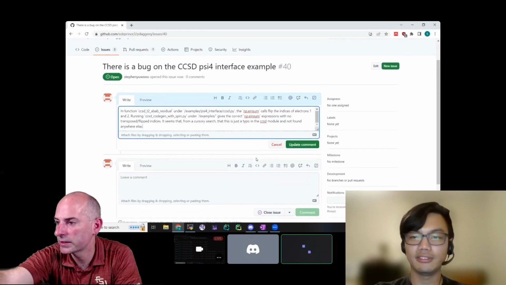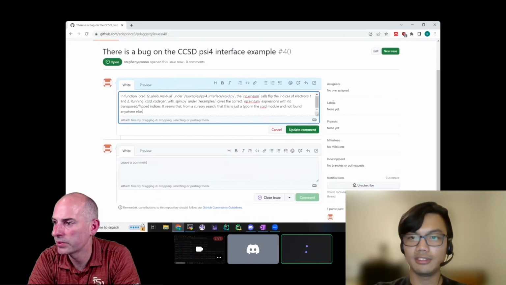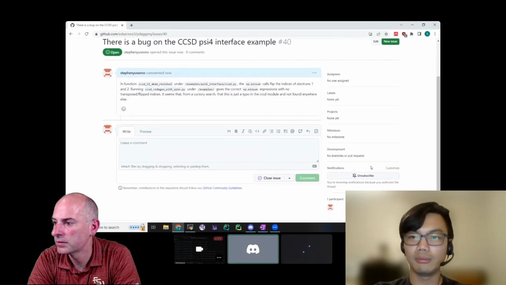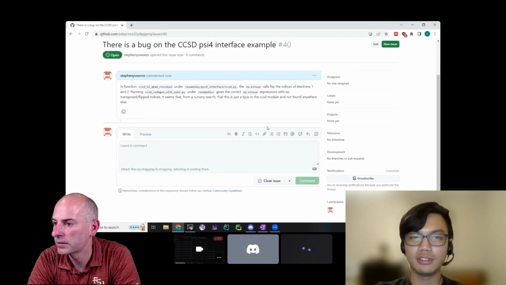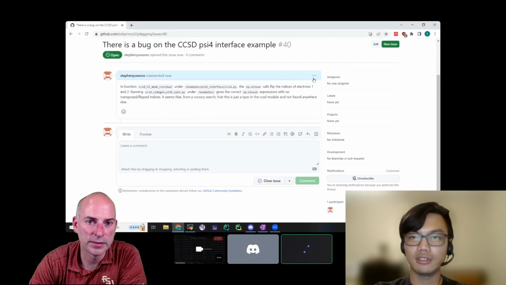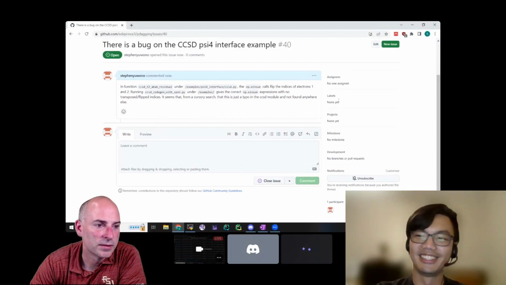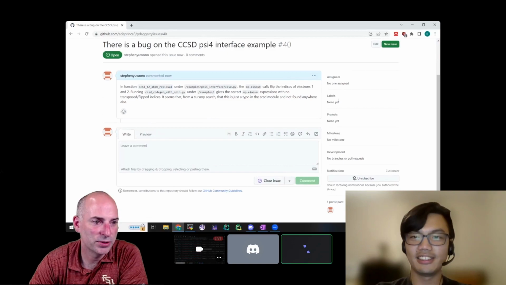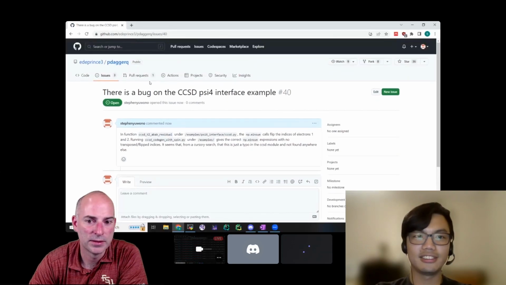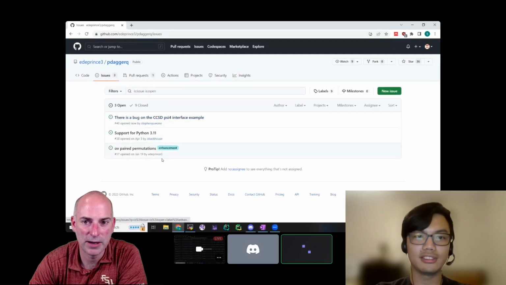Can I? To the right, it says labels, none yet. Oh, nice. Label. Oh no, 3 issues? Labels. Oh, yes. Bug. It's now a bug.